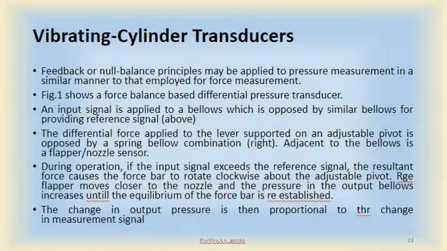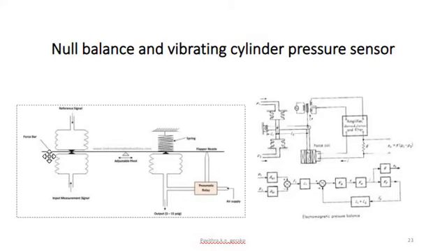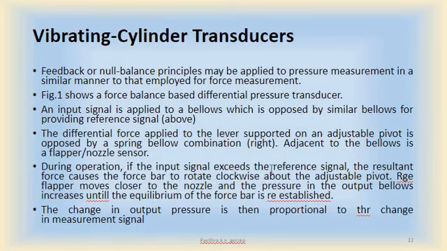During the operation, if the input signal exceeds the reference signal, the input signal is given from the bottom bellow and the reference signal is from the top bellow. So if the input signal exceeds the reference signal, then the resultant force due to this difference may cause the force bar, which is the center bar on which all the system is placed, so this central line is the force bar, to rotate.